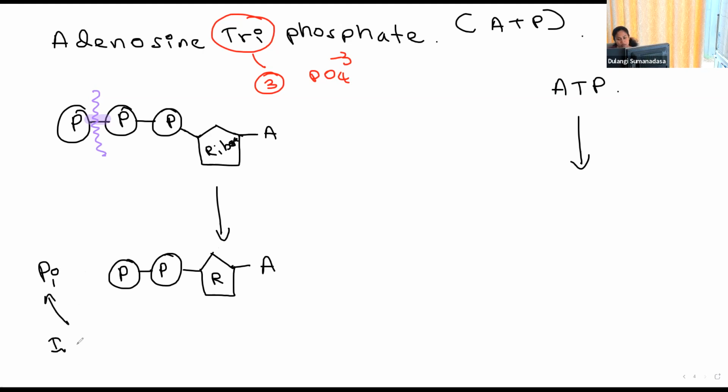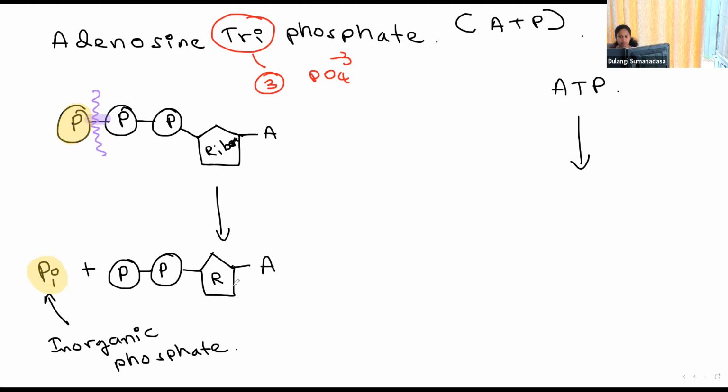This represents inorganic phosphate. Right? So inorganic phosphate is nothing else. It is just the broken down phosphate, right? So this is the phosphate. But we have just separated it out because we just broke the bond to get the energy out.